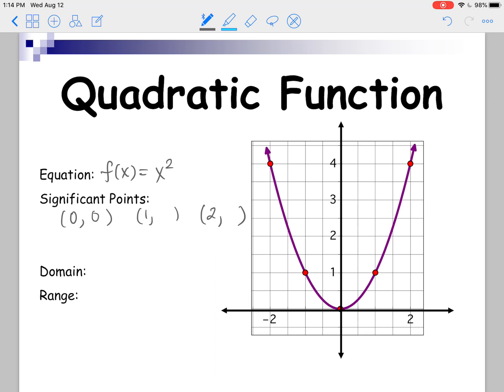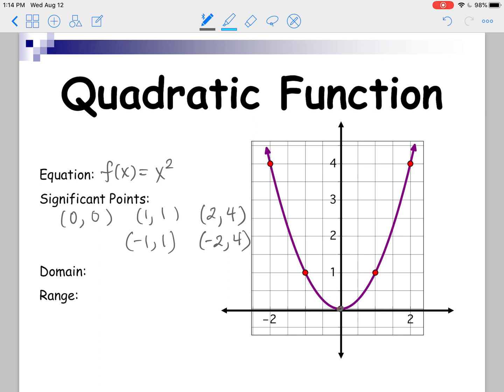If I were to plug in 1, 1 squared is just 1. 2 squared is 4, and so on. If I were to plug in -1, -1 squared is +1. That's -1 times -1. Anytime you multiply two negatives, it's going to become positive. And so -2 squared, -2 times -2, is +4.